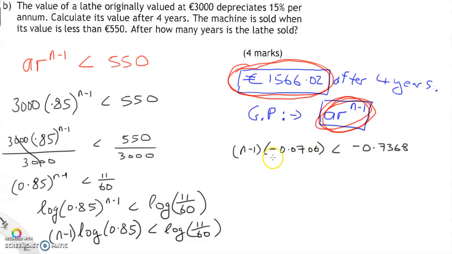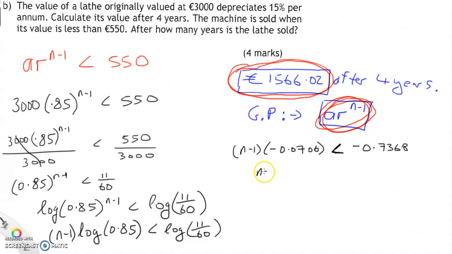So now we're going to divide both sides by minus 0.0706. Now, when you have an inequality like this, it's not an equal sign, it's less than. Less than or greater than, they're both inequalities. And when you're dividing across by a negative number with an inequality, we have to flip this guy.